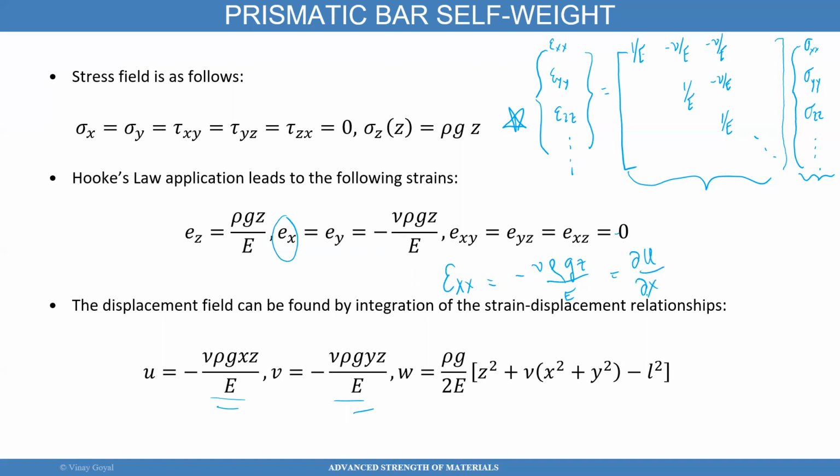Because that's the definition of strain in that direction. So I could integrate this equation with respect to x on both sides. So I get u is equal to minus nu rho g z divided by E times x plus a constant. And so that's why I get this deflection there.